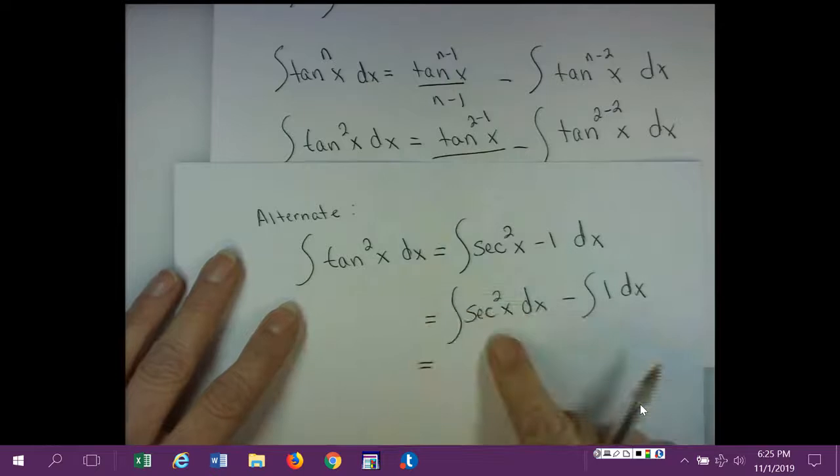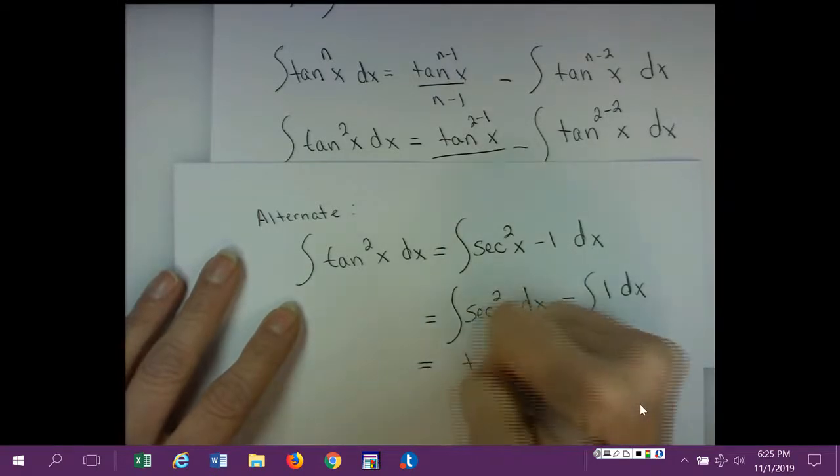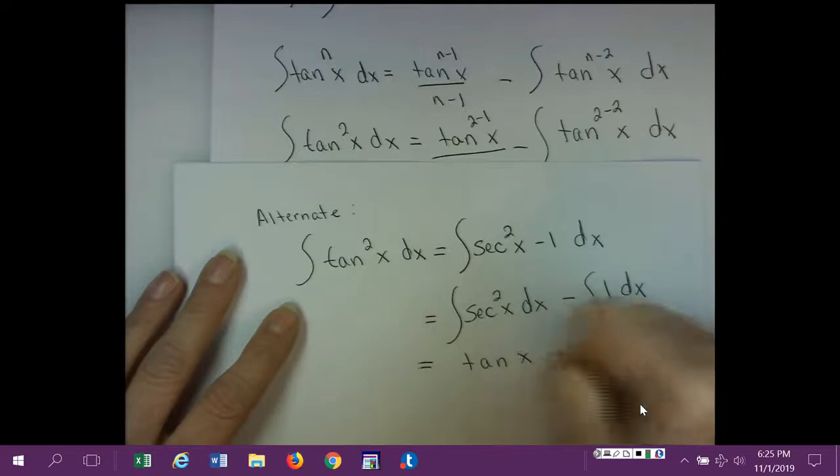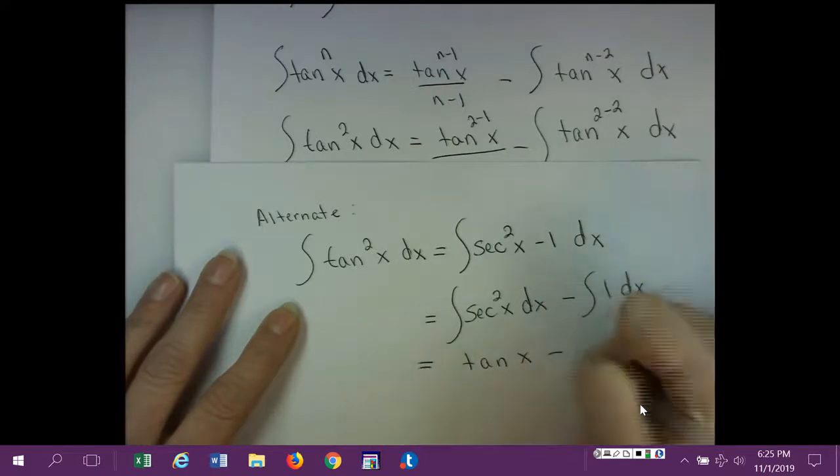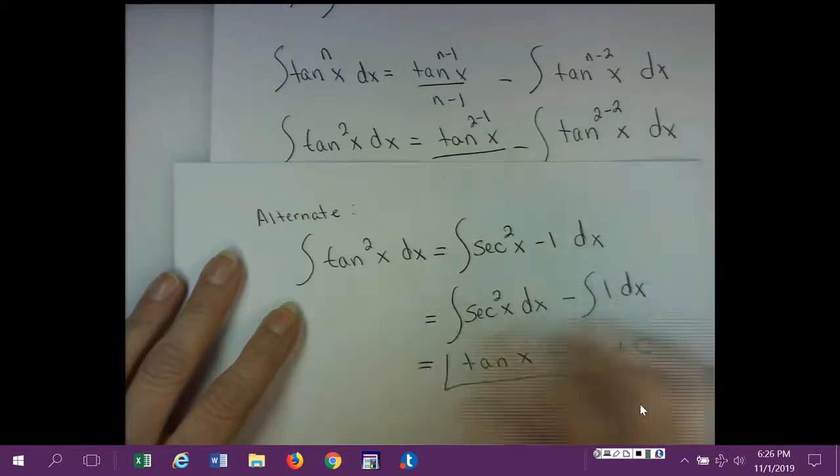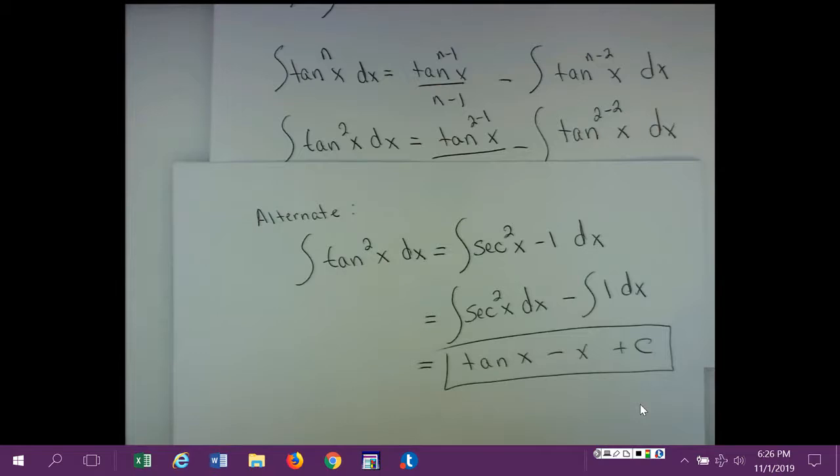This is from Calculus 1. The antiderivative of secant squared, there's nothing to prove, is tangent x. The antiderivative of 1 is x. Therefore, using the Pythagorean identity, the reduction formula was not needed. So that's an alternative method.